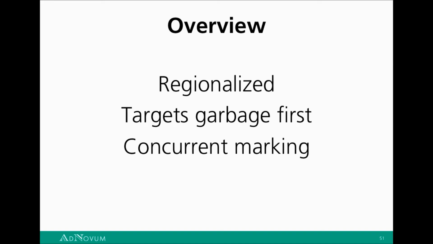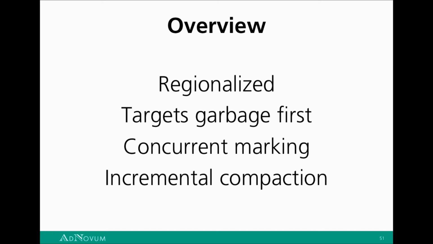To figure out which the marked regions should be, it uses a concurrent background thread, or several of them. And once several regions are processed, whatever is left inside of them that is alive is copied to a single region, hopefully. Thereby the heap gets compacted.